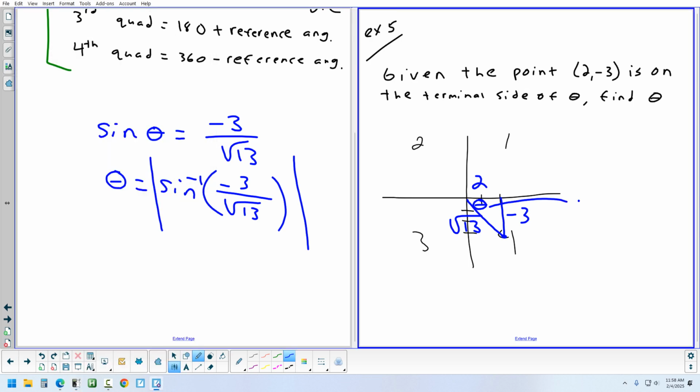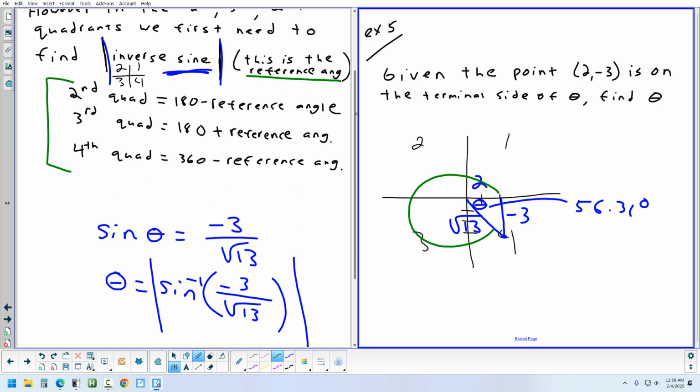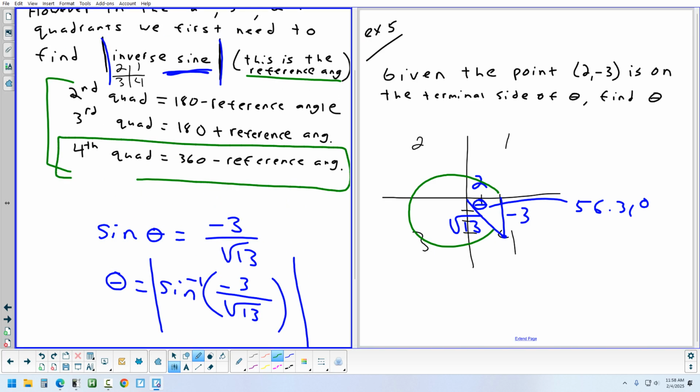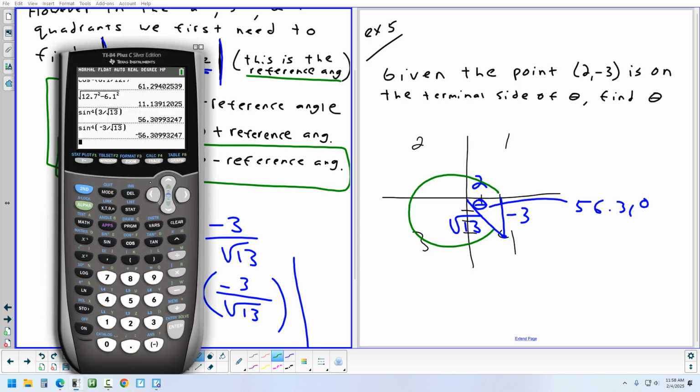So mark that down. Now, the question is to actually find this. What quadrant am I in? 4. I'm in quadrant 4. In quadrant 4, it says to do 360 minus my reference angle. So 360 minus 56.31.